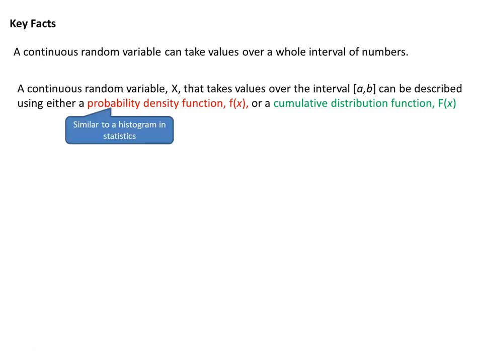The probability density function is rather similar to the idea of a histogram in statistics, whilst the cumulative distribution function is similar to the idea of a cumulative frequency diagram in statistics.